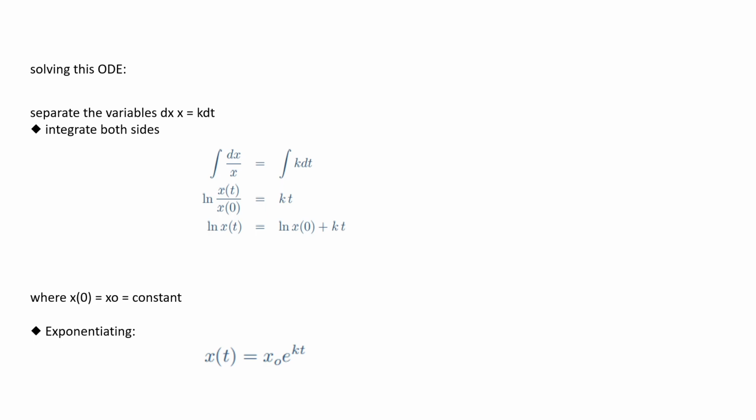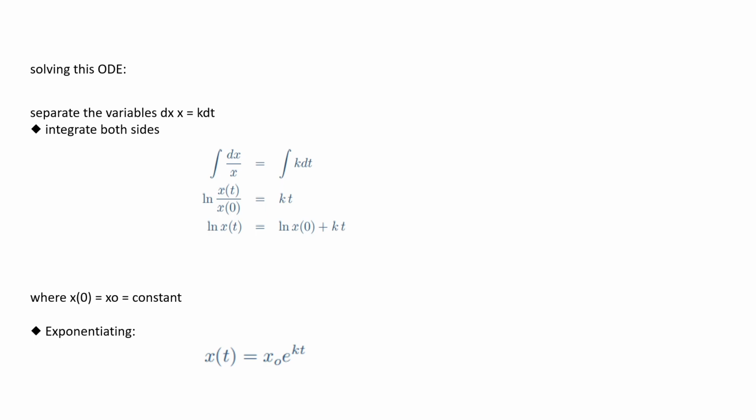If you take the exponent, it looks like x(t) equals x naught e to the power kt. This is a fairly simple first order chemical kinetic equation that we have all seen previously.